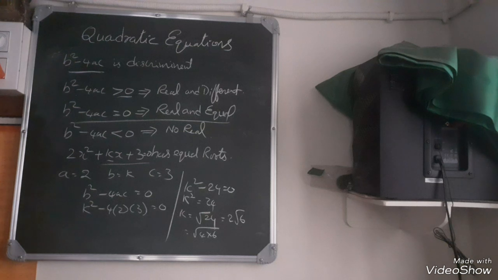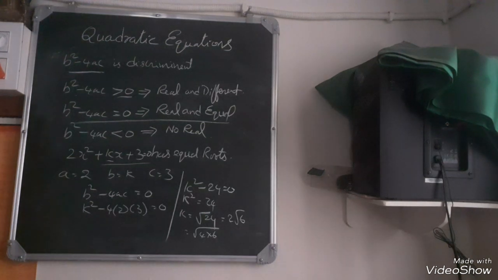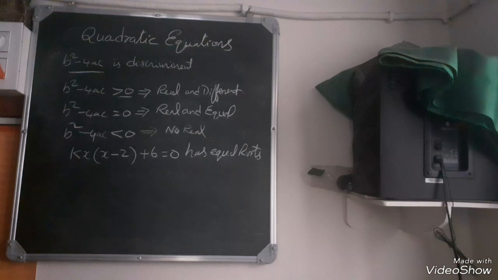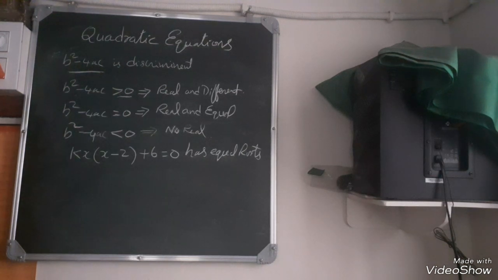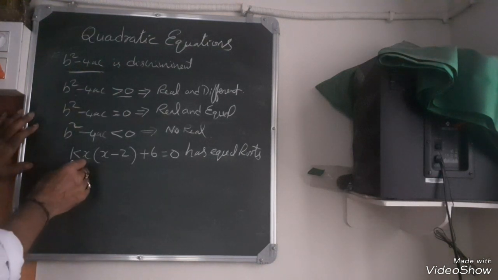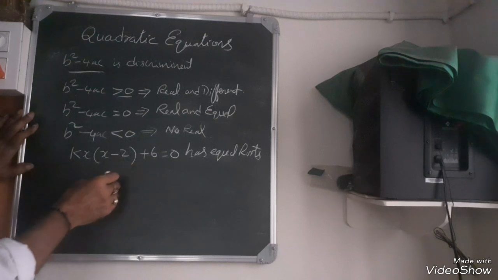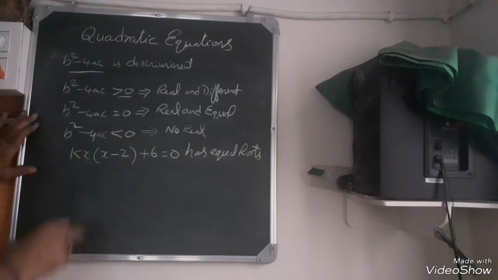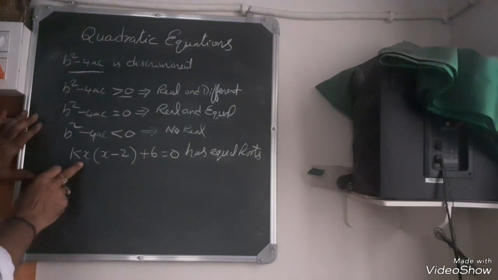So let us see one more problem also. Now let us see kx into x minus 2 plus 6 equal to 0 has equal roots. This is also an exercise sum. Find k. First you write it in quadratic equation form.